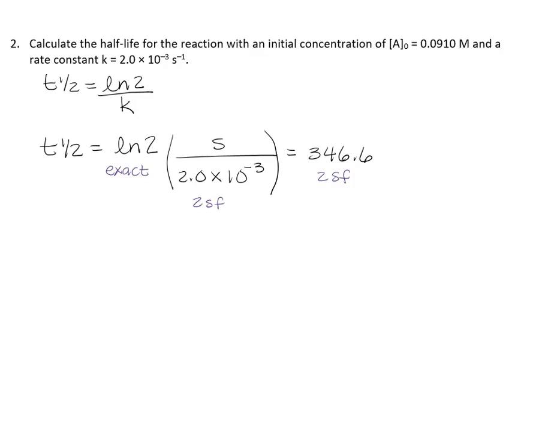This needs to be rounded to 2 sig figs, so I'll put this in scientific notation: 3.5 times 10 to the 2 seconds. Or, in this case, you can write it in decimal notation as 350 seconds.